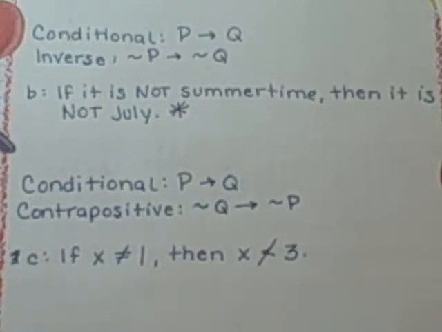Remember that originally we said our counterexample was x equals 0. Well, 0 is a number that's not equal to 1, so this part is true. But it is less than 3, so this part is false. So that's a counterexample, which means that this statement would be false as well. Okay, so that does it for question number 16.